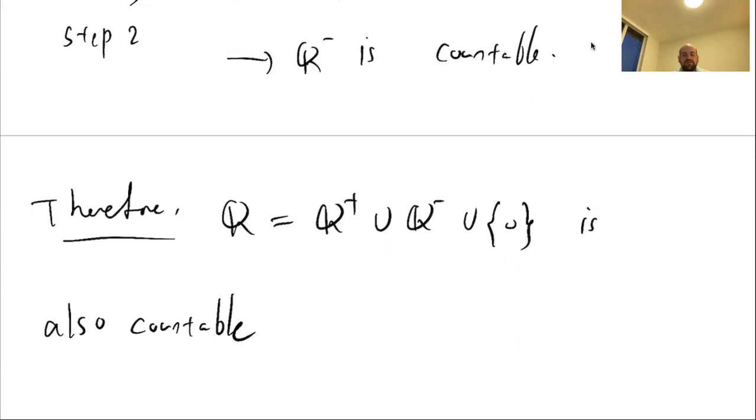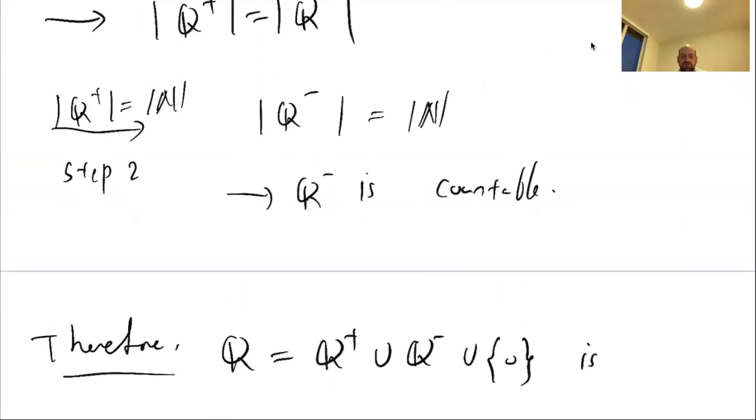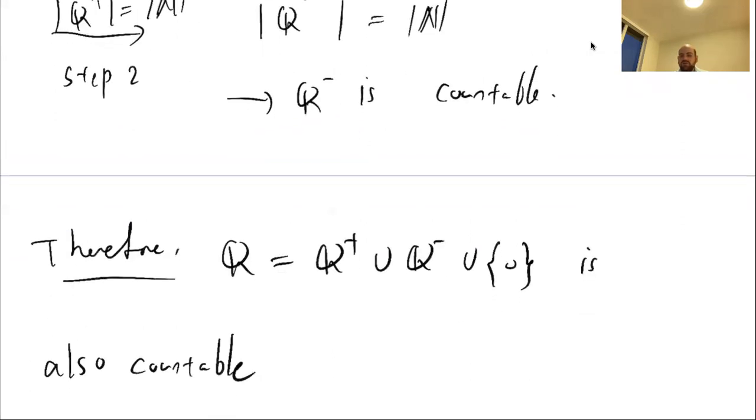Q, the set of rational numbers, can of course be written as the set of positive rational numbers union the set of negative rational numbers union 0. Q plus, in step 2 we showed that it's countable. Q minus I just showed is countable, and 0 of course is countable. Countable, remember again, means either finite or denumerable. Q plus and Q minus are denumerable. 0 is of course finite.